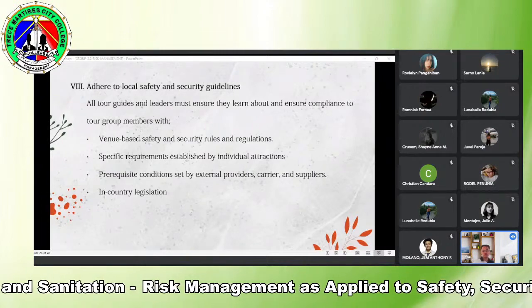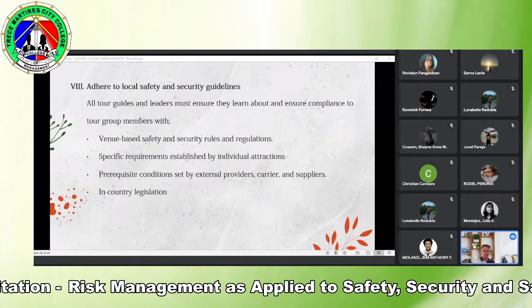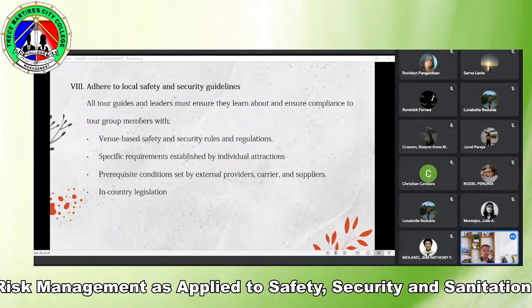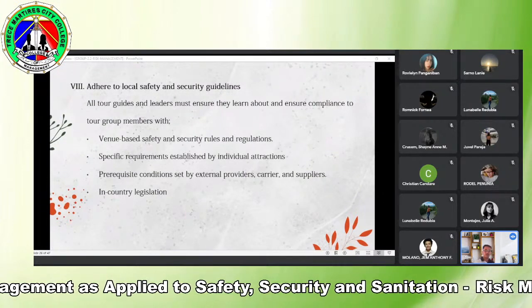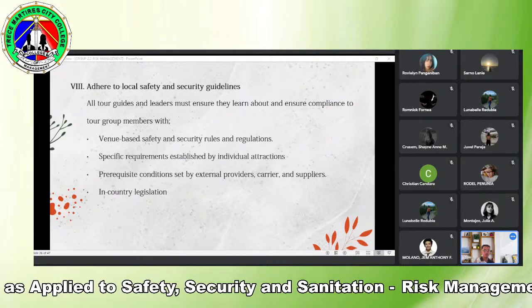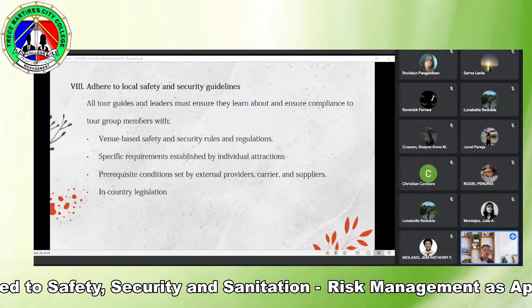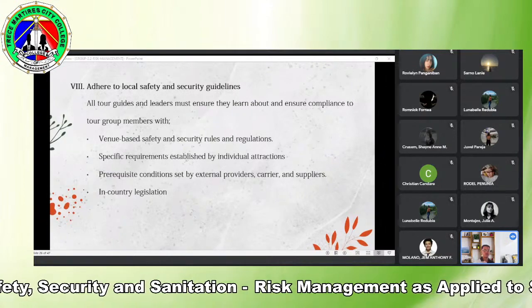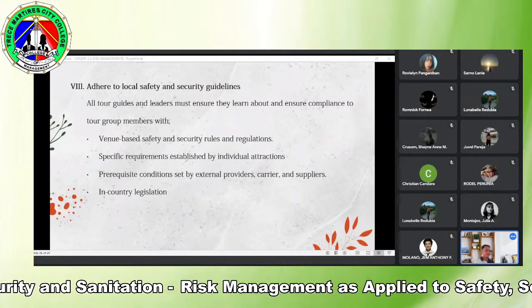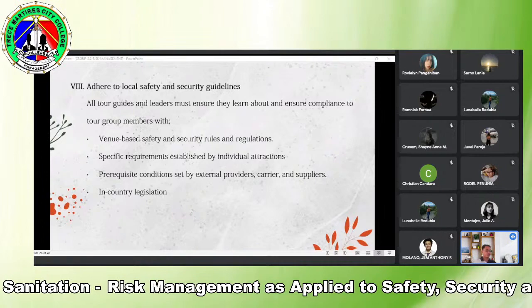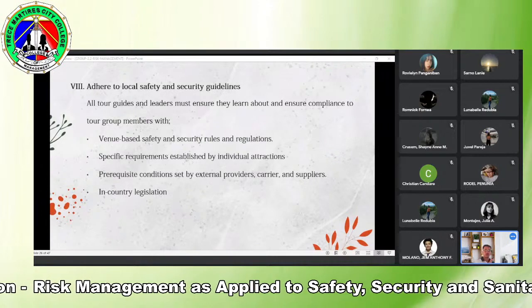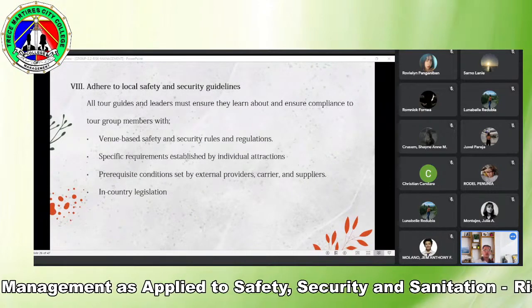It's the same thing. So with this, prerequisite conditions set by external providers, carrier, and suppliers. Ibig sabihin, you have to comply with the prerequisite conditions or requirements set by the external providers before you proceed to what you want to do. Okay?